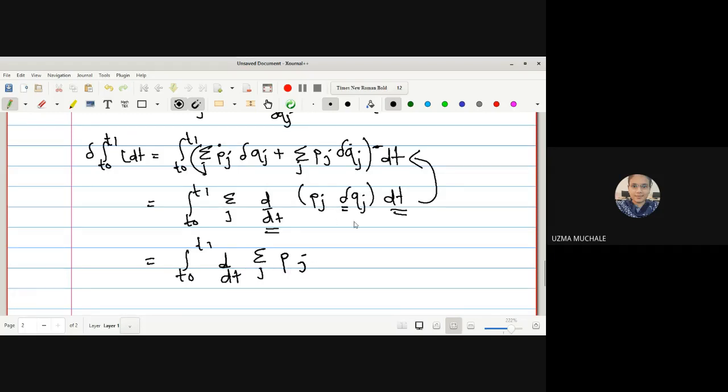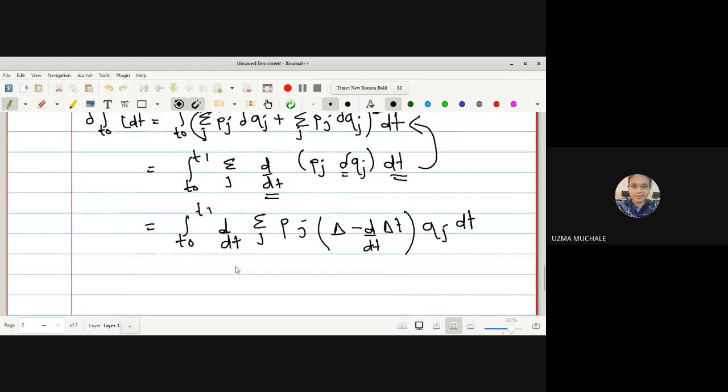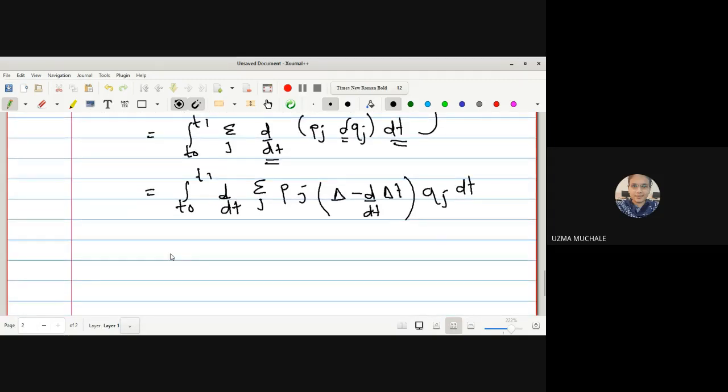The value of this small delta I have to substitute by using the relation that we obtained in the last lecture, the relation between capital delta and small delta, into qj dt as it is, equal to. Simply I have substituted the value of small delta in terms of capital delta.